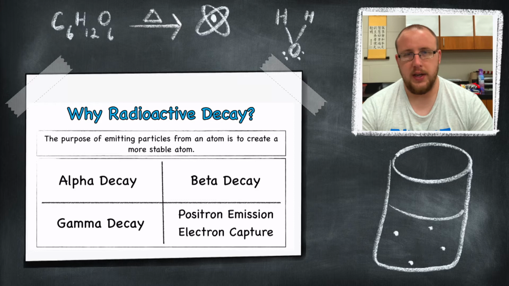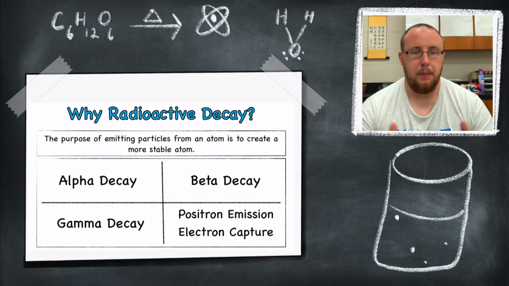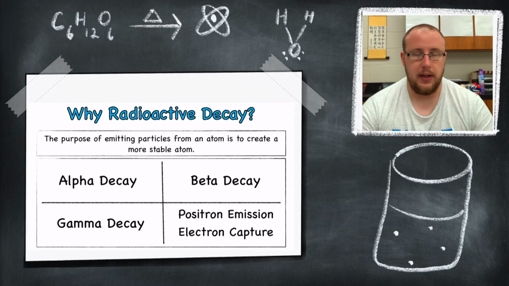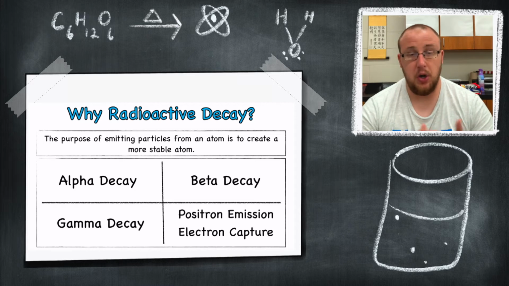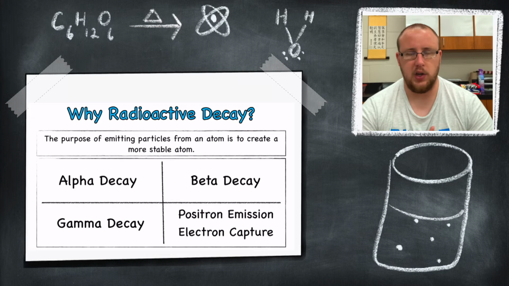There's many different ways we can do this, some of which are listed on the screen: alpha decay, beta decay, gamma decay, positron emission, and electron capture. We'll talk about each one of these, how to notice them, and what's going on with these types of equations and reactions.